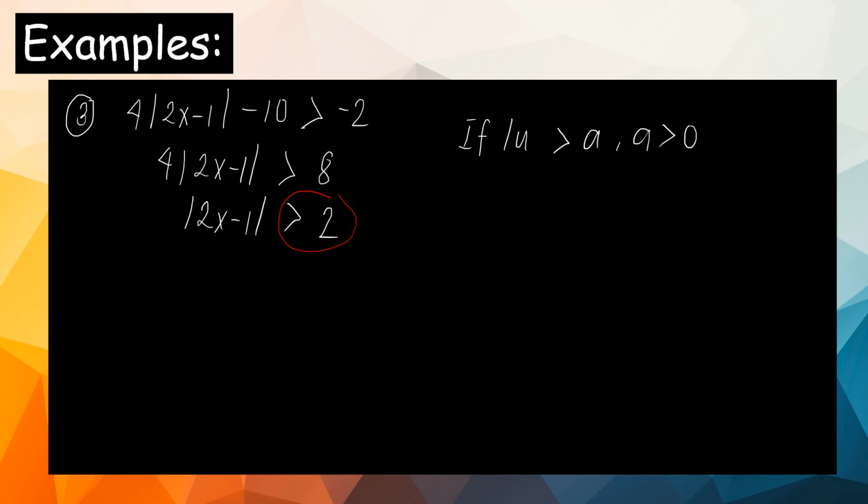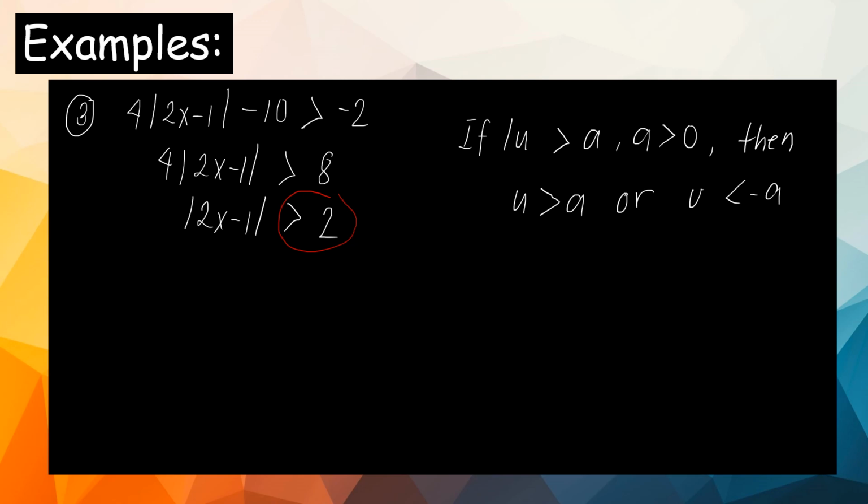So here we have 2, right? So therefore, you will write the solution of your inequality in this format. You will have that your u is greater than a, or your u is less than negative a. So let's follow this format here.